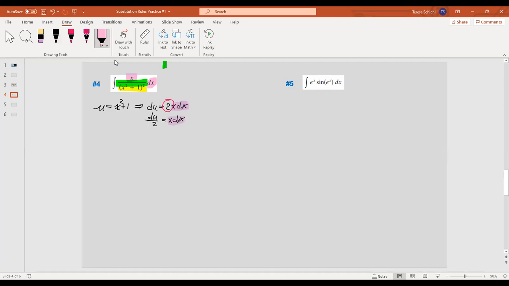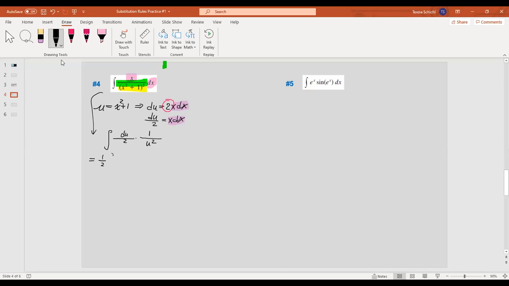So how do I write this function? The x dx becomes du over 2, times 1 over x squared plus 1, which is 1 over u squared. Let me rewrite this and move the constant out.